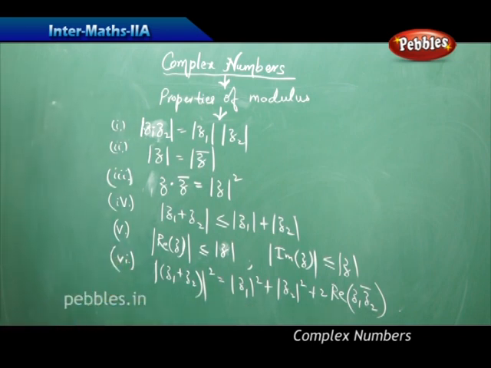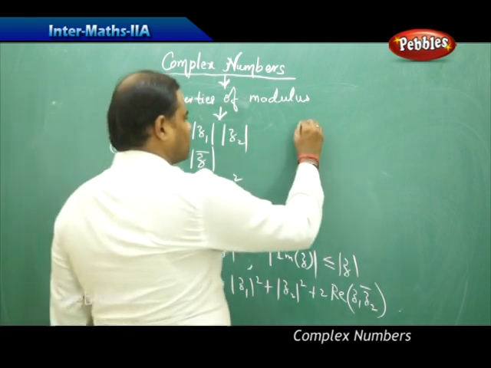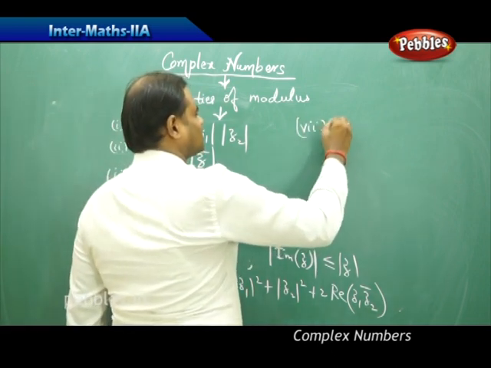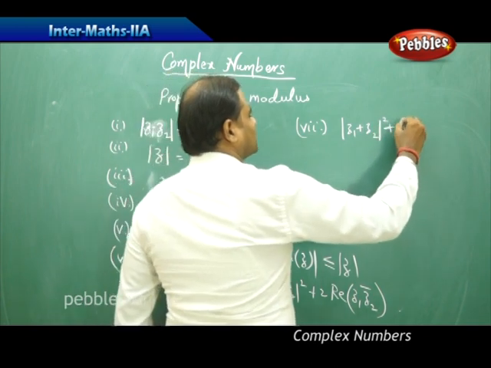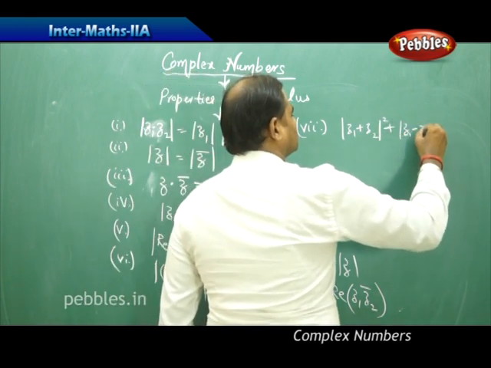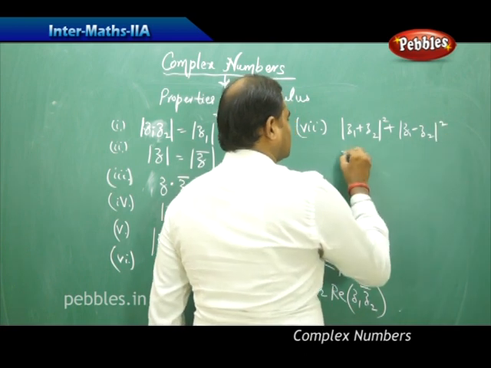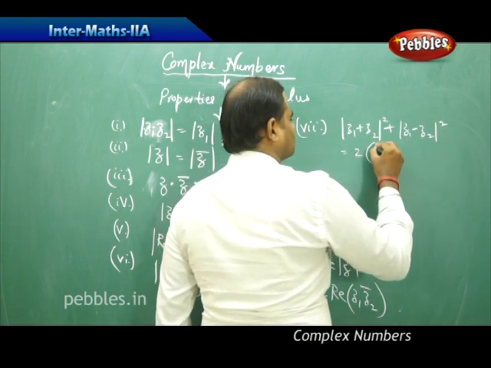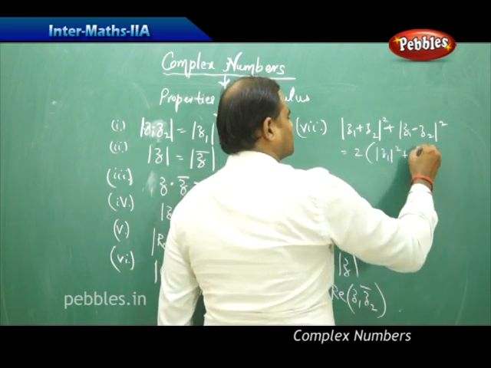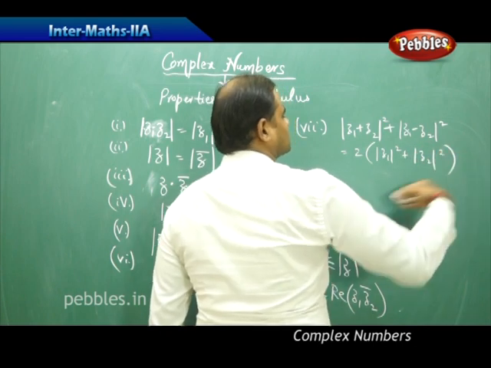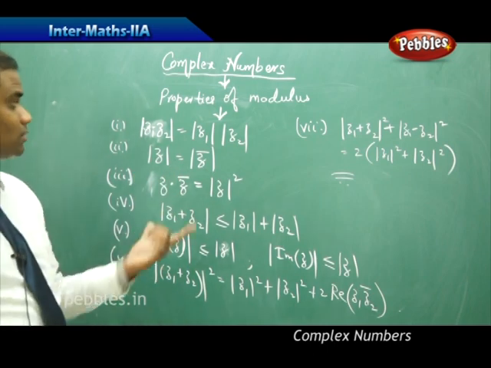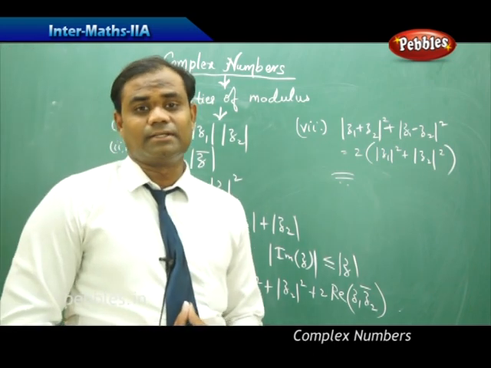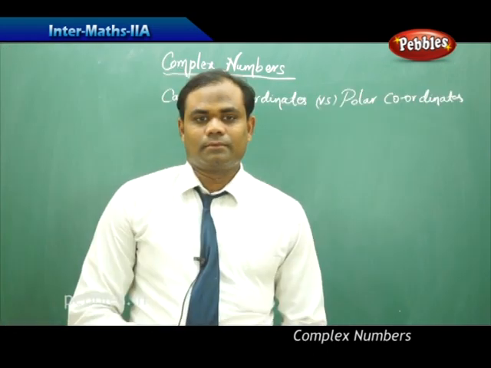Property number 6. And lastly, I have the 7th property, which says that mod z1 plus z2 whole square plus mod z1 minus z2 whole square is 2 times mod z1 square plus mod z2 square, is how we understand each of the properties of modulus as connected with the complex numbers.